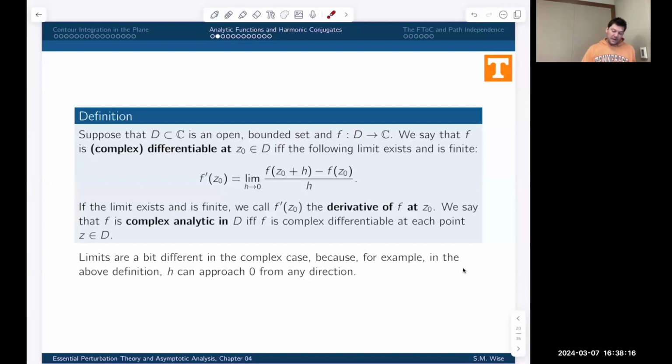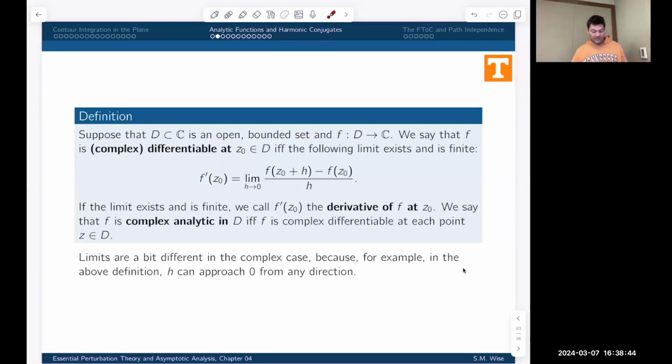If it's differentiable at every point inside of D, then we say that f is complex analytic in D. You have to be careful, because the word complex analytic means something different to different people. The way I'm using it is, I think, the most widely adopted way.